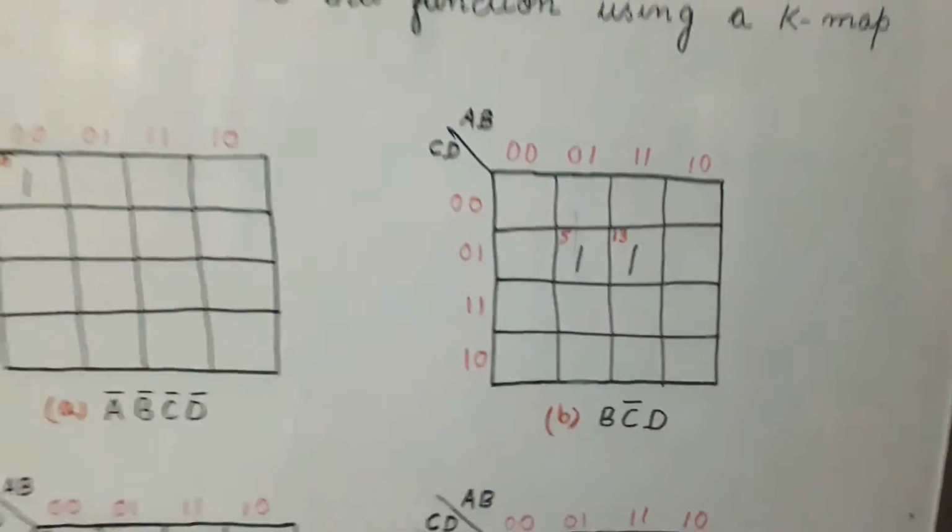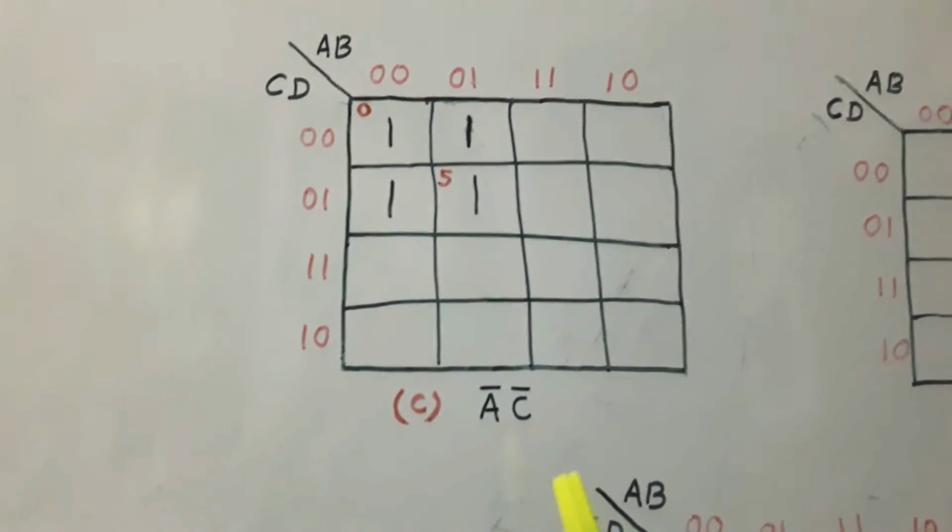Now let us come to the third term. The third term is A bar, C bar.